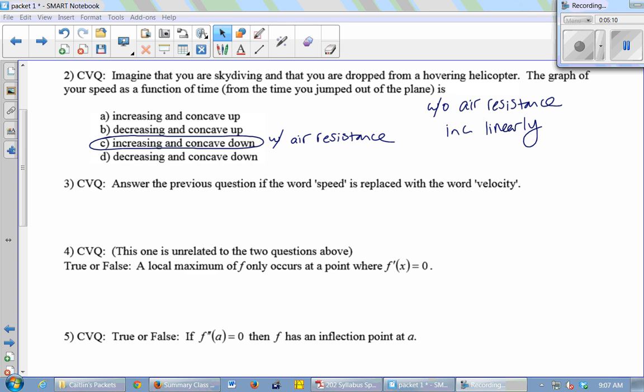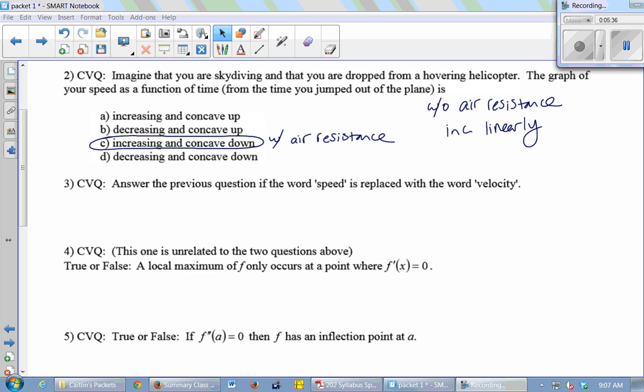All right, what if we replace the word speed with the word velocity? How would my answers change? I don't know, I'm asking you. Yeah, so velocity has a direction. So down would be negative.